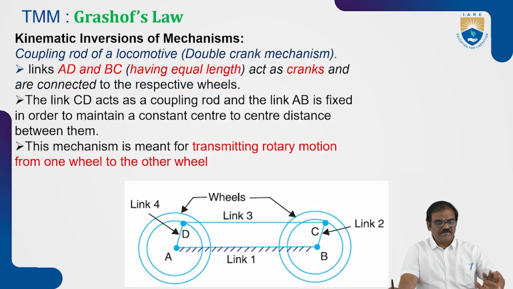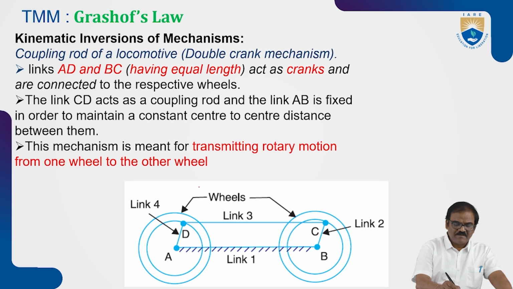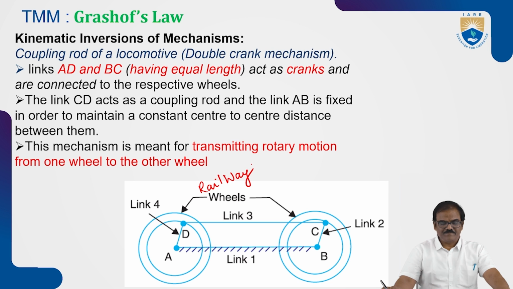Then you can see the coupling rod of a locomotive, that is a double crank mechanism. Links AD and BC, having equal lengths, act as cranks connected to the respective wheels, and these wheels can be railway wheels. Link 1 is fixed, and links 1 and 3 are of equal size. This we call the parallelogram linkage or double crank mechanism.